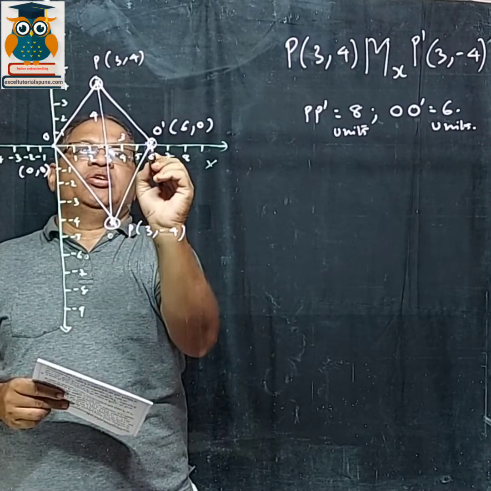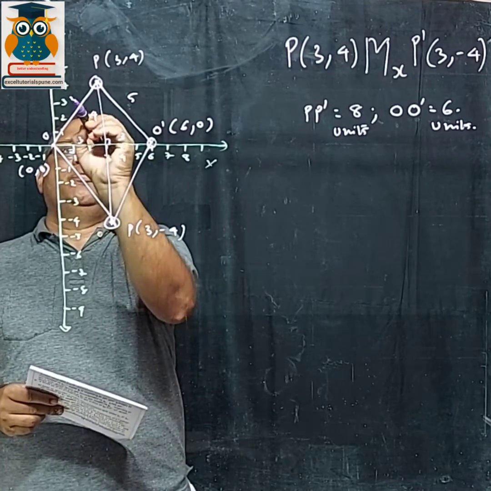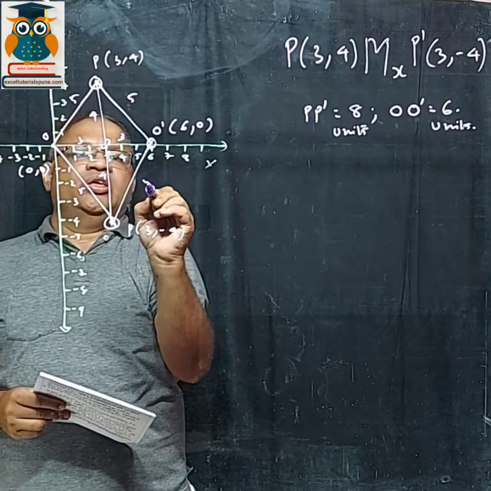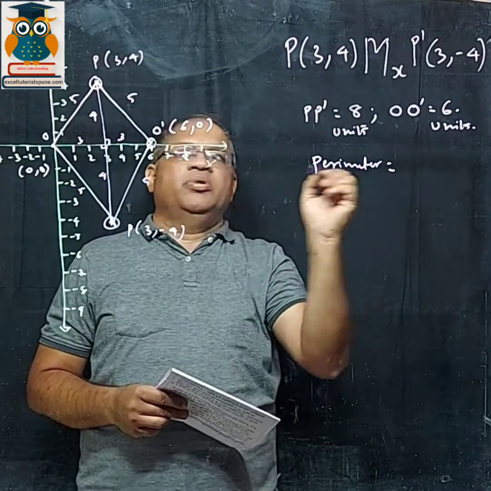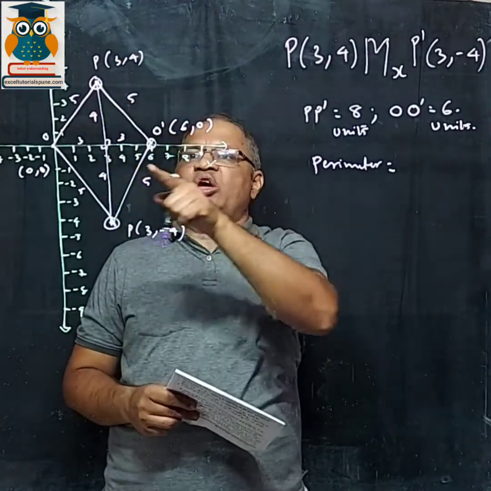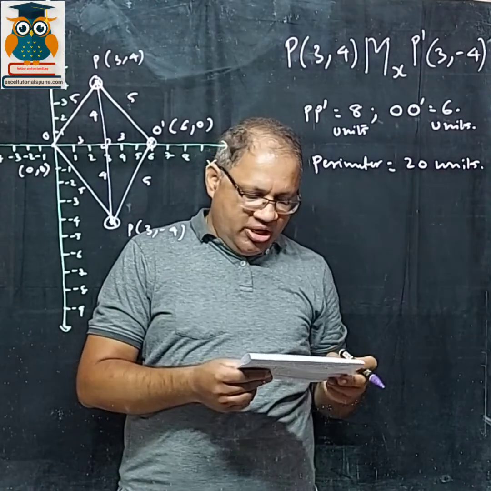So if you use Pythagoras theorem, this will come 5. This is 90. Same way over here also 5 will come. Same way over here also 5 will come. And here also 5 will come. So perimeter will be what? Perimeter is addition of all the sides. Okay, so 5 plus 5 plus 5 plus 5, that is 20 units. Okay.